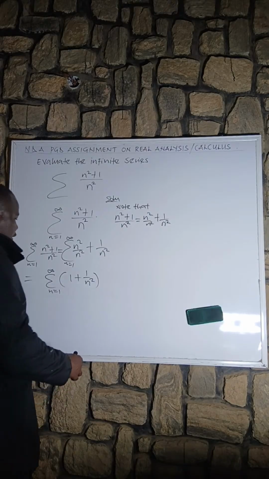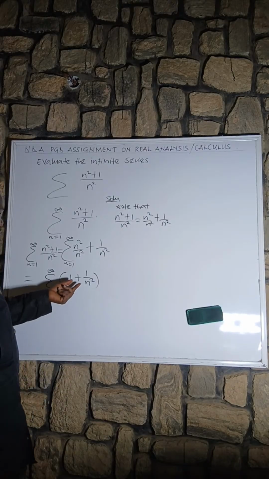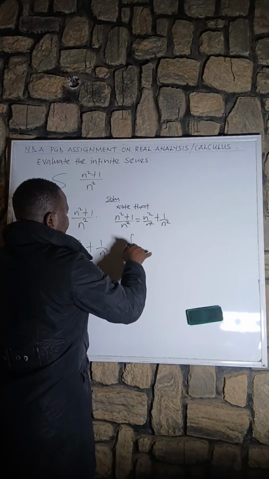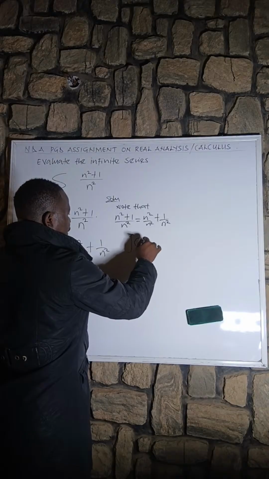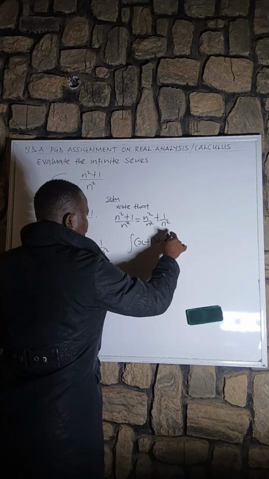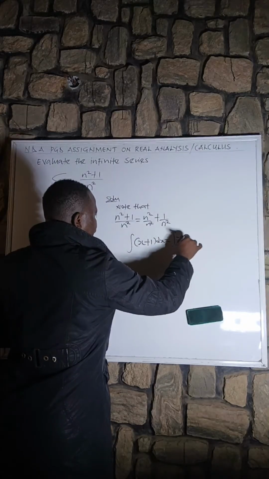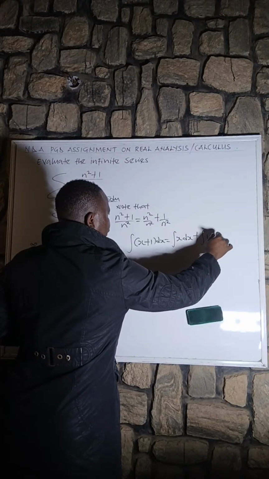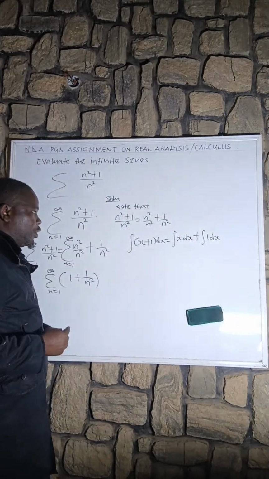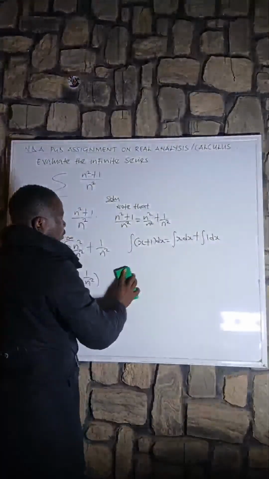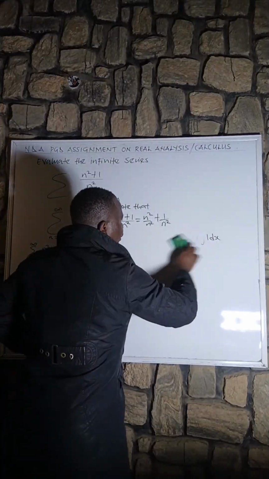So when you look at it, let us turn it just like if we have the integral of x plus 1 dx, we can turn it this way: integral x dx plus integral 1 dx. True or false?